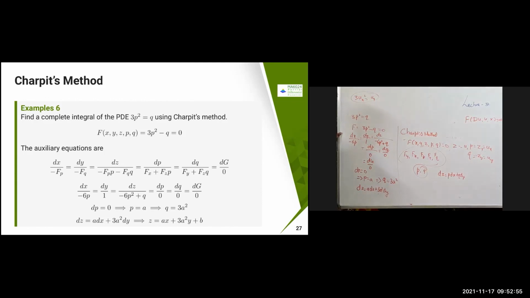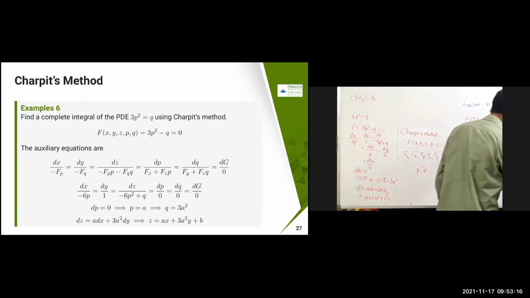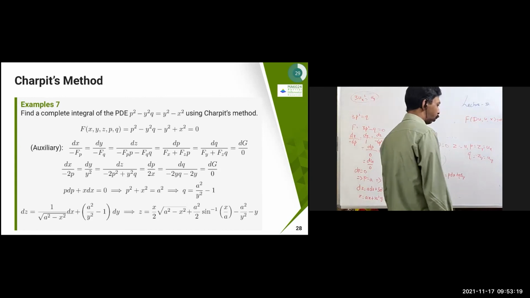Now integrate that, you are going to get ax plus 3a square y plus some constant b. You see that it's a 2-parameter family, with two constants a and b involved. Therefore the complete integral is obtained for this one.